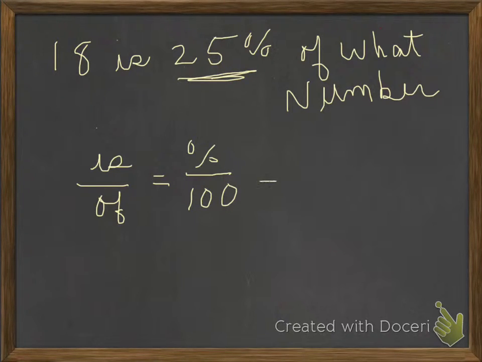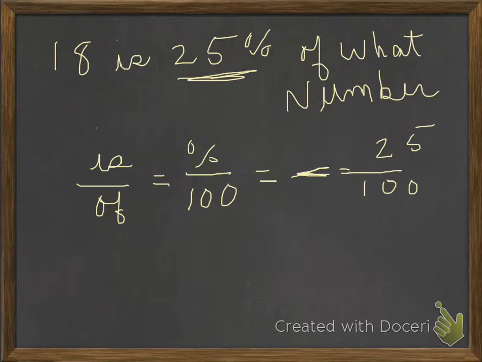So when we rewrite this, this is the line here. So if you have 100, you know what will go on top. It would be 25, because 25 over 100, percent over 100. So we know the 25%. Now let's see what goes in front.